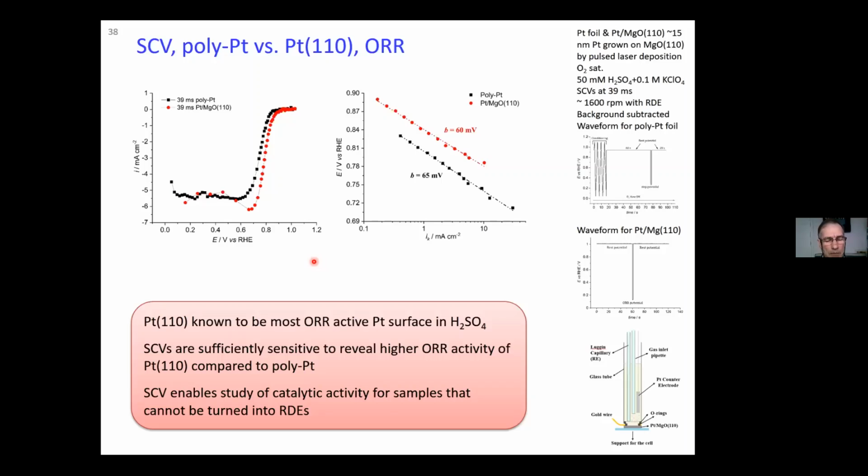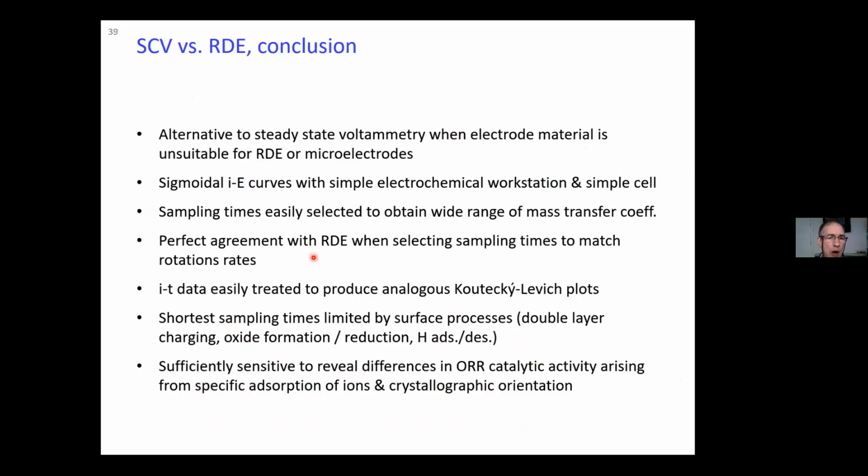This was very encouraging because it demonstrated that the technique had sufficient sensitivity to pick up differences in catalytic activity for these samples. So the conclusion for this part is that the SCV proves to be a good alternative to steady-state voltammetry when the material is not suitable for rotating disk or microelectrodes.